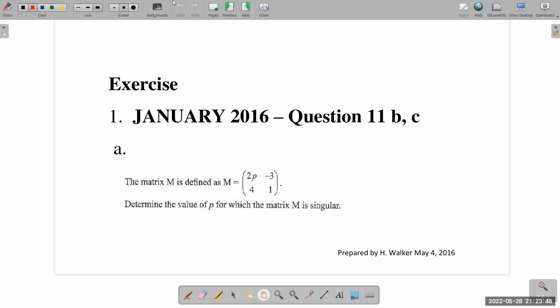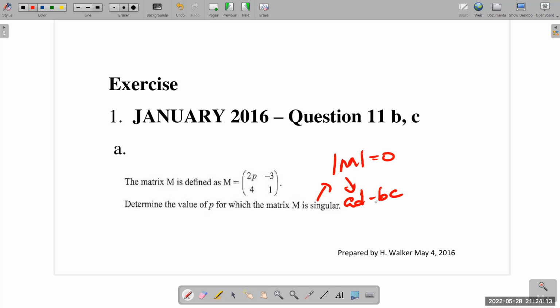All right, let's go. So here we see the matrix M has these values. And what is the first thing you realize? One of them has a letter, a variable. And look at what it says. Determine the value of P for which M is singular. What does singular mean again? Singular means that the determinant of M is equal to 0. What is the determinant of M? AD minus BC.